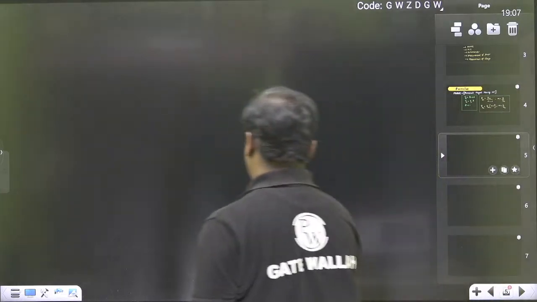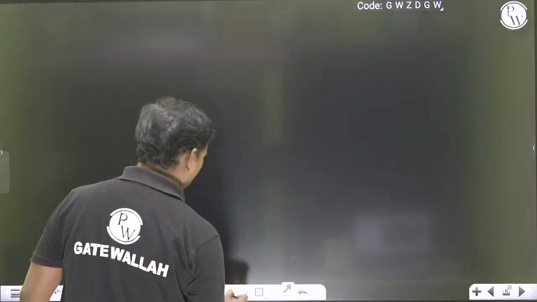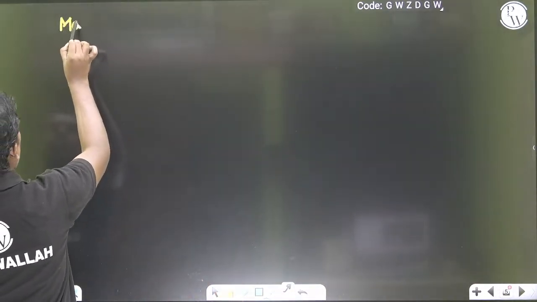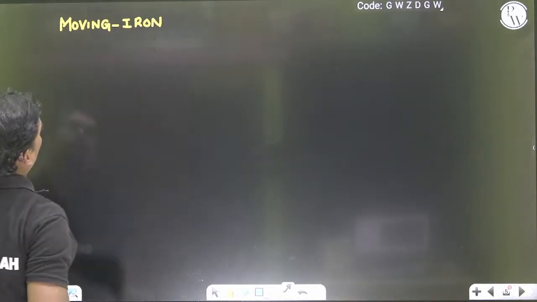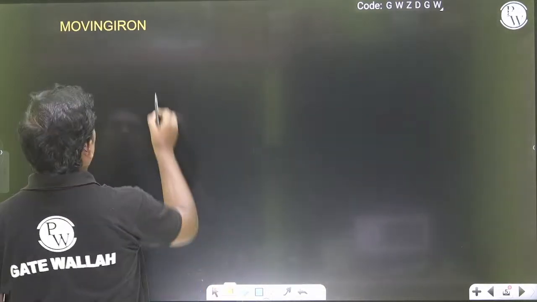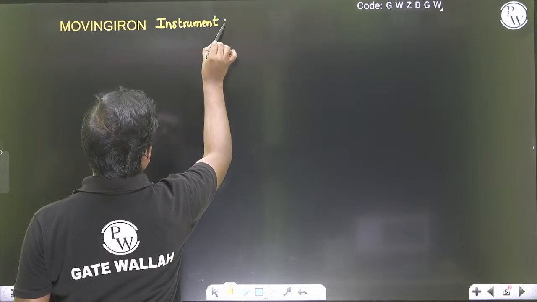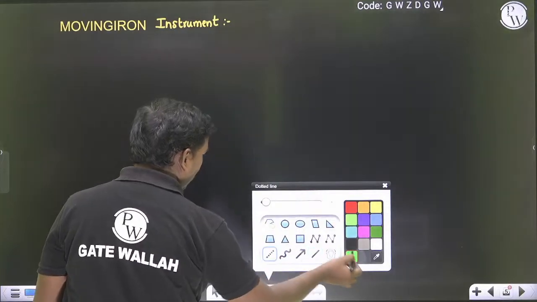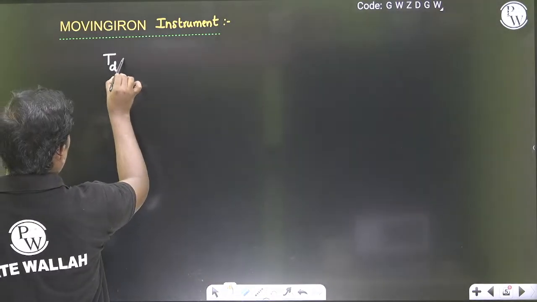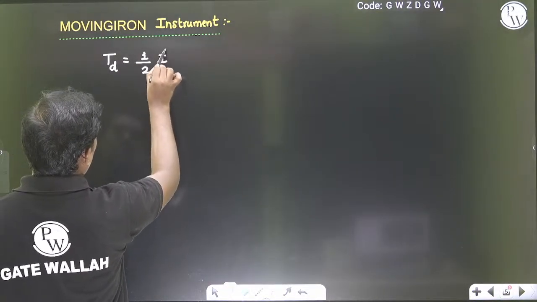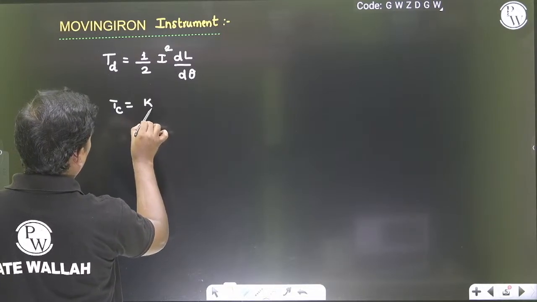For the moving iron instrument, the deflection torque is 1 by 2 I square dL by d theta, and the controlling torque is Kc theta.